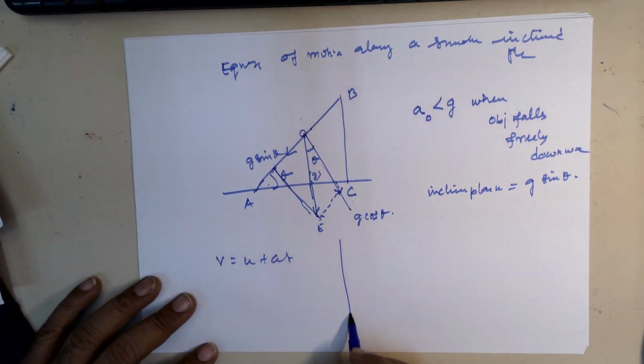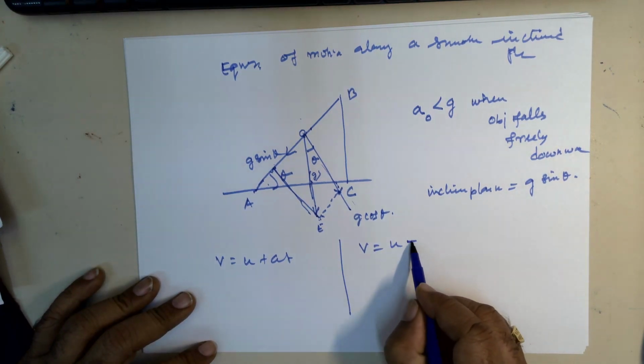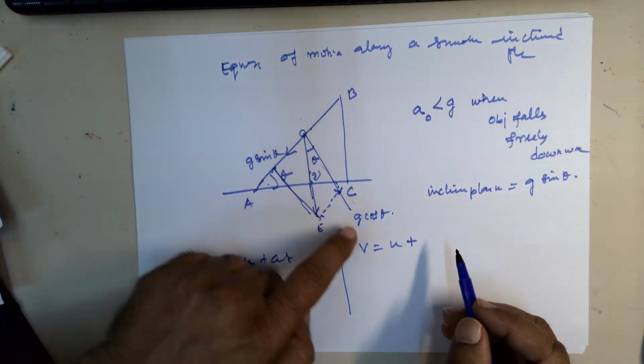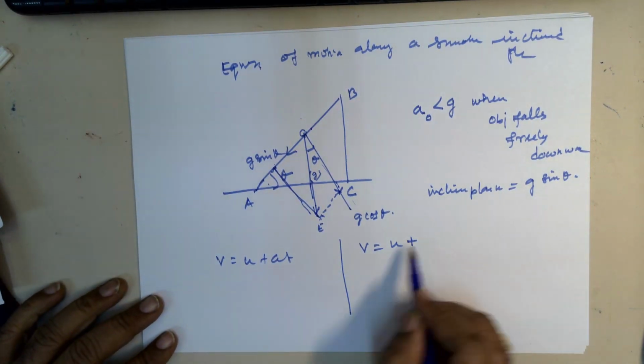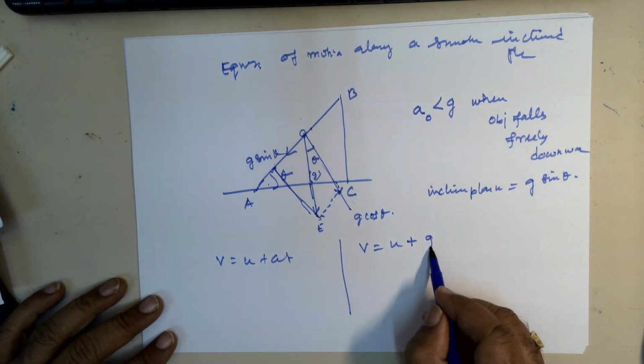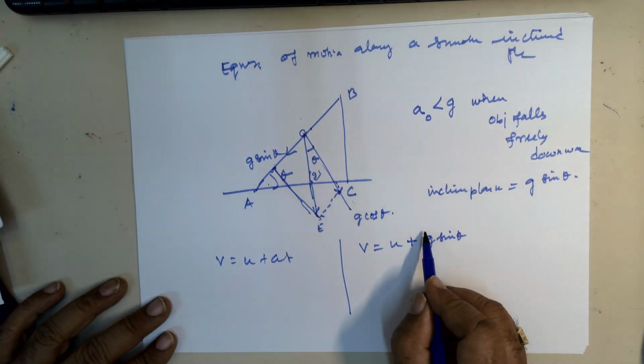Now can you substitute here? v is equal to u plus, instead of a, since it is coming along the plane, you can put g sine theta into t.